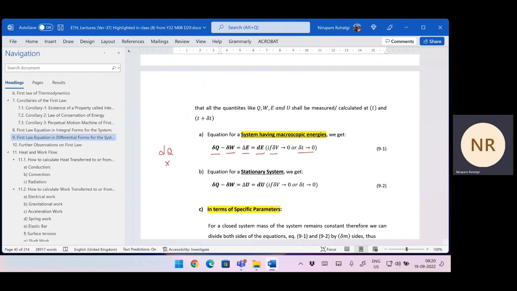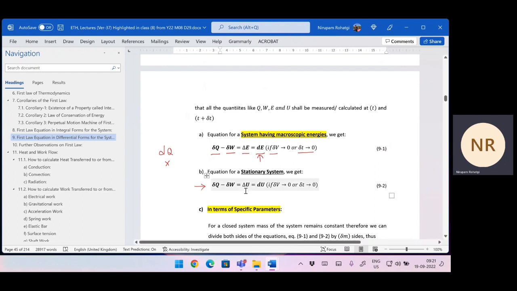And if your part is infinitesimally small, you will write it dE. Otherwise, you just write delta E. And the same thing for a stationary system. If the system or that part is not moving, you can write it like this.